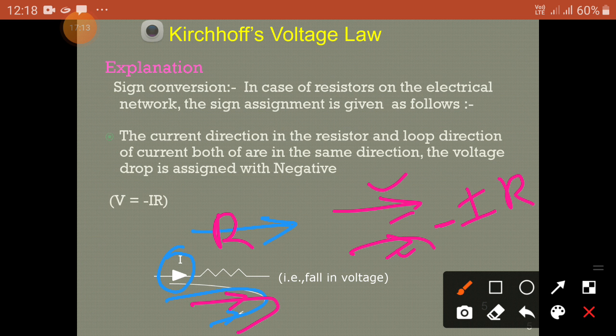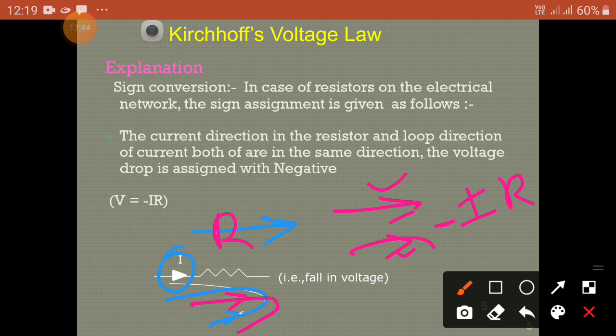Once again I am going to explain, please listen. First, indicate the current flowing through the resistor based on the voltage sources, which is positive and which is negative. Based on the voltage polarity, you have to assume the current flowing through the resistors, just arbitrarily.